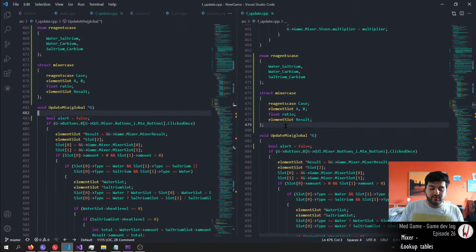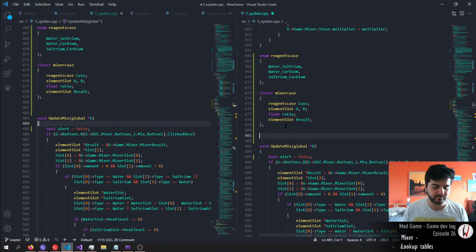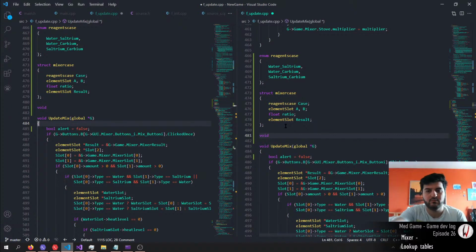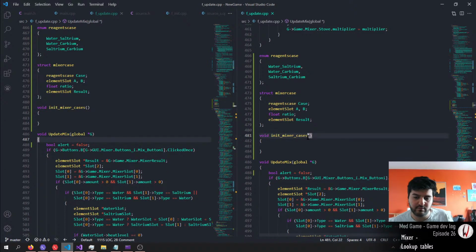Now let's write a function and call it void initialize mixer cases, and it takes a pointer to mixer cases, right?